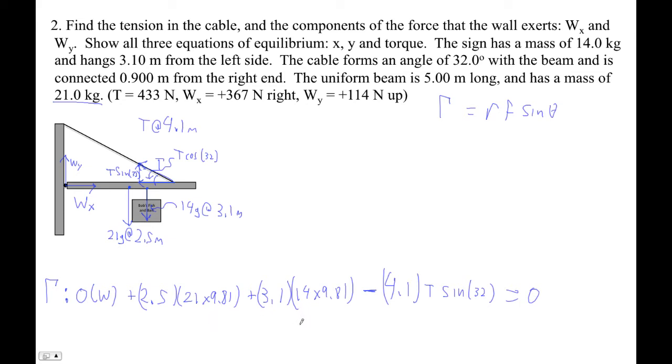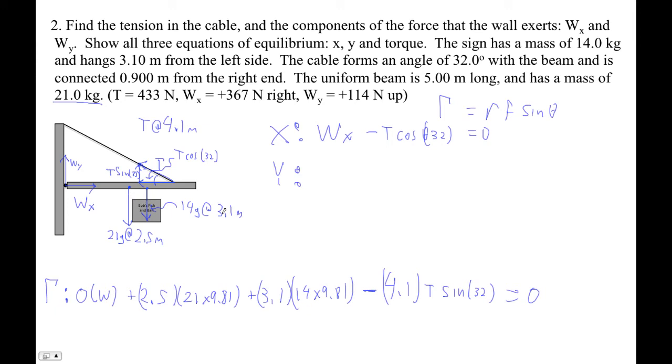The other expression we've got is in the x direction. We've got whatever the wall is exerting in the x direction, and then this component here of the tension, T cos 32, equals 0.